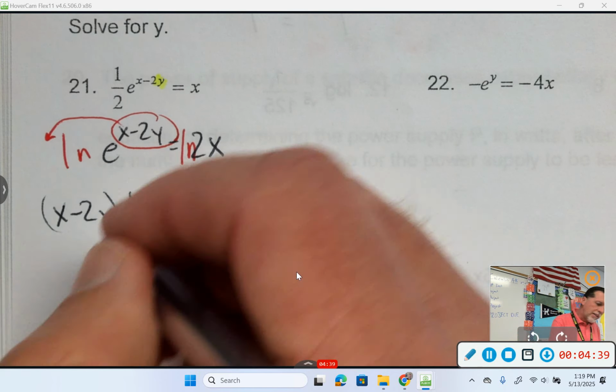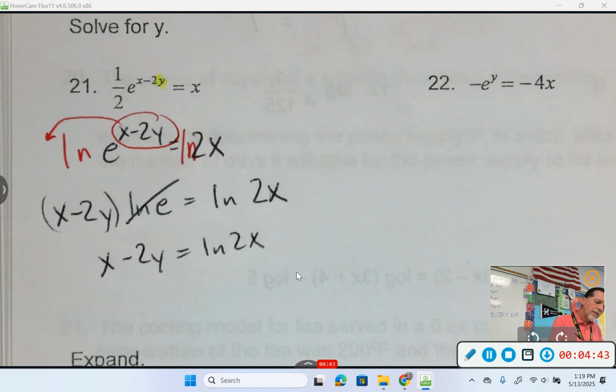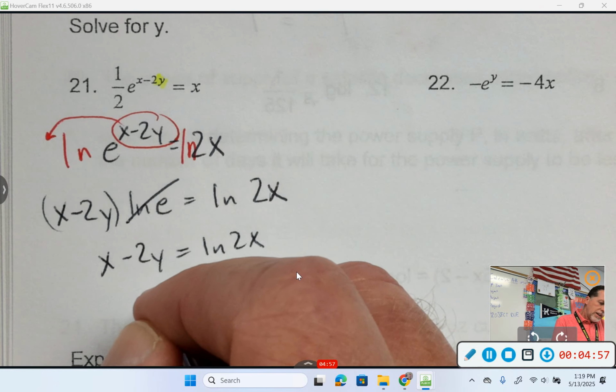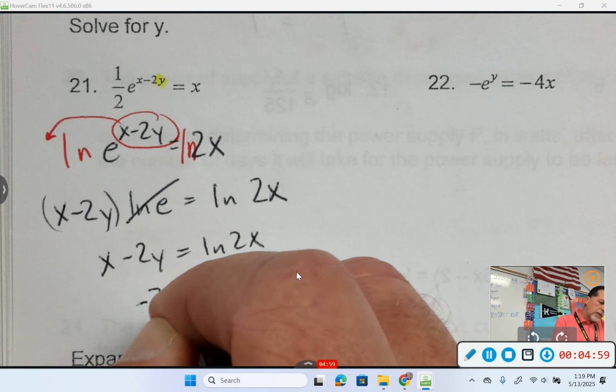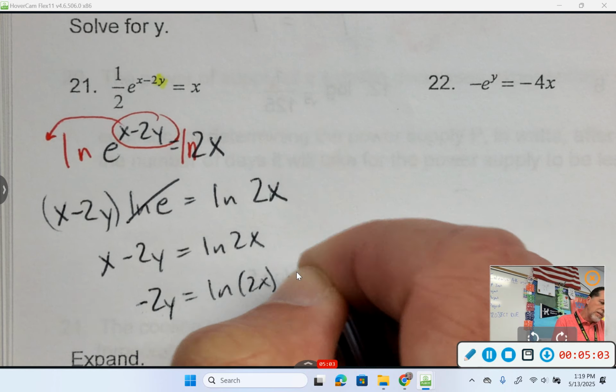And now I've got x minus 2y equals natural log of 2x. Trying to get y by itself. So what would you do to get y by itself? I would subtract the x and divide by -2. Do I want to do that all at once? No, probably not. Maybe you do, but I don't.